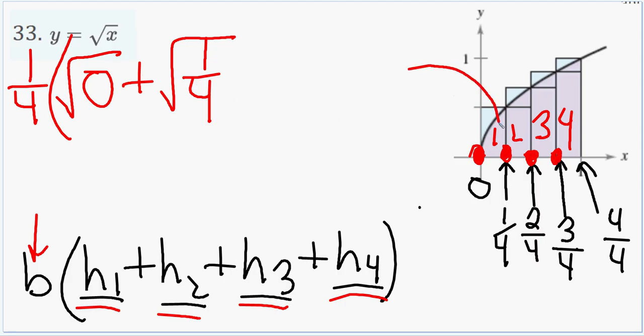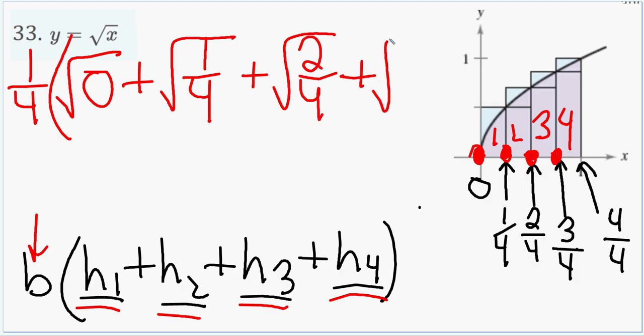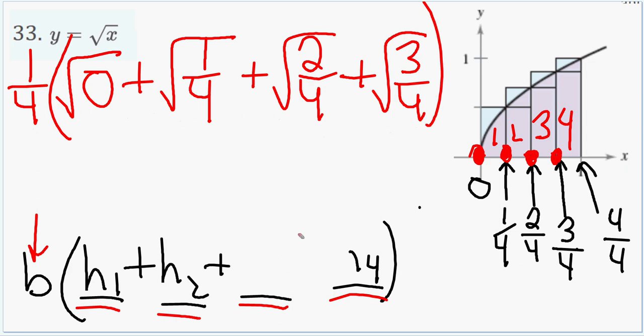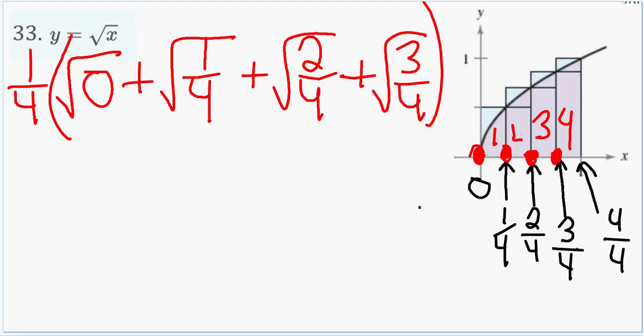That's the left endpoint of rectangle number 2. And then plus the root of 2/4. I forgot 2/4. Plus the root of 3/4. So there are my 4 endpoints for the left endpoints of my 4 rectangles.